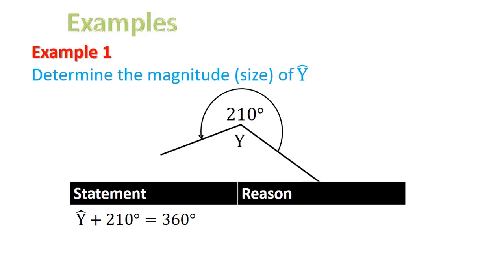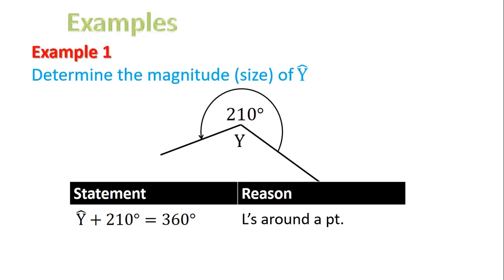So how do we know this statement? Well, it's our rule that we've just talked about. And when we write a statement like this in geometry, we have to give a reason for it. And so our reason why y plus 210 degrees equals 360 degrees is angles around a point. Now we want to find out what y is.